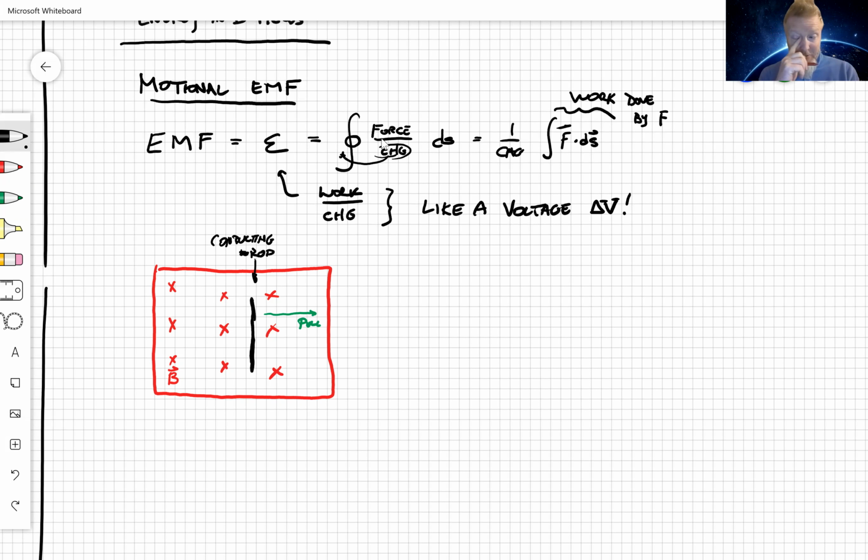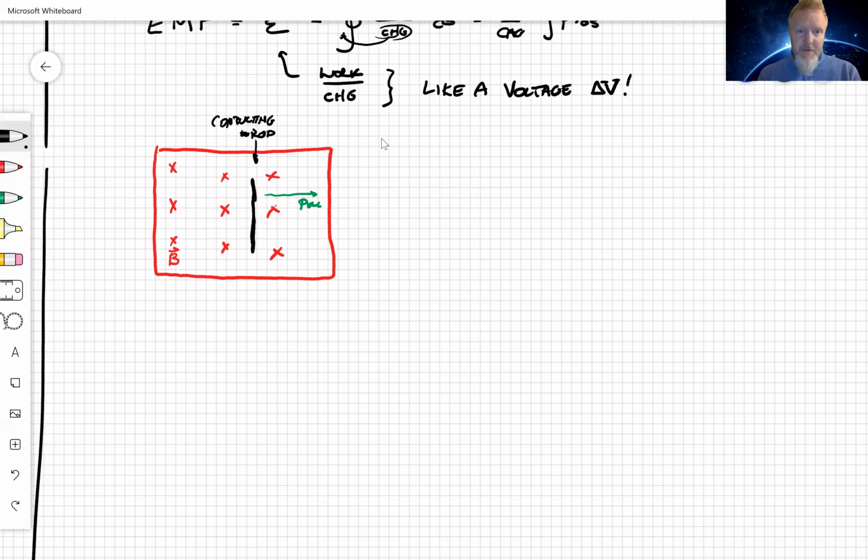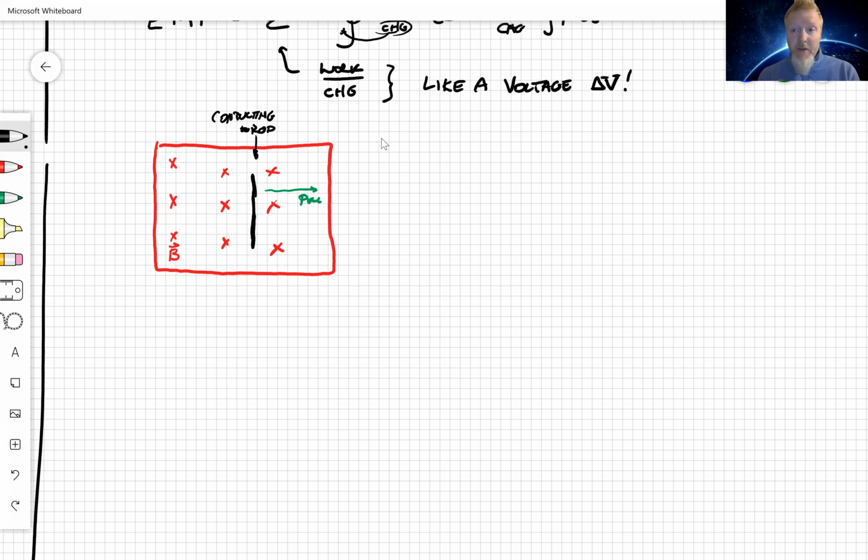So what's going to happen to the rod? Well, if I draw a slightly closer up picture, here's the rod, and I'm going to pull it this way, some force F. And that means it's going to start picking up some speed towards the right.